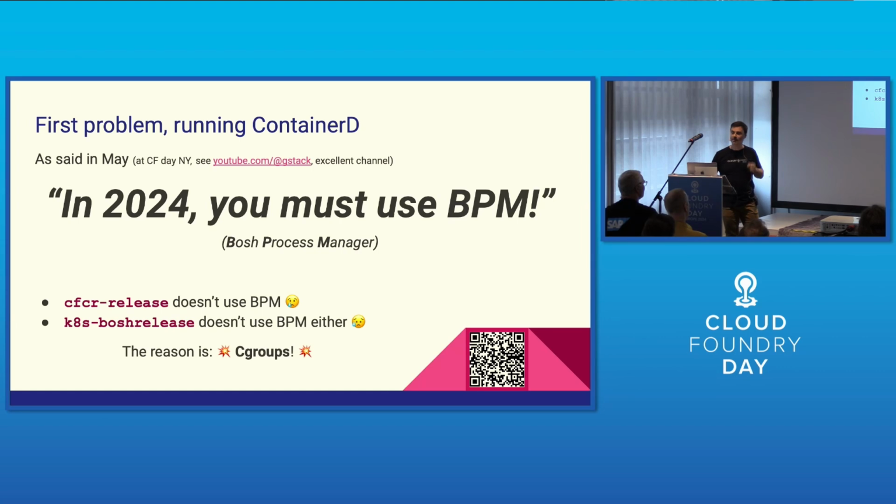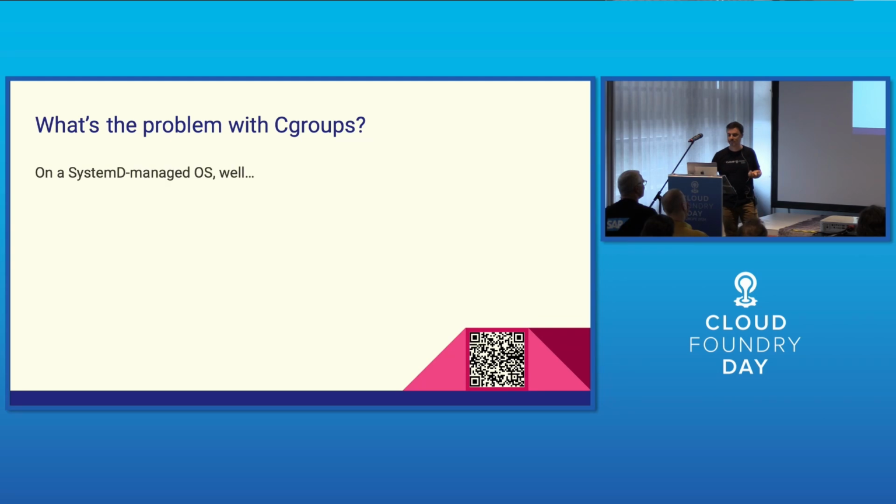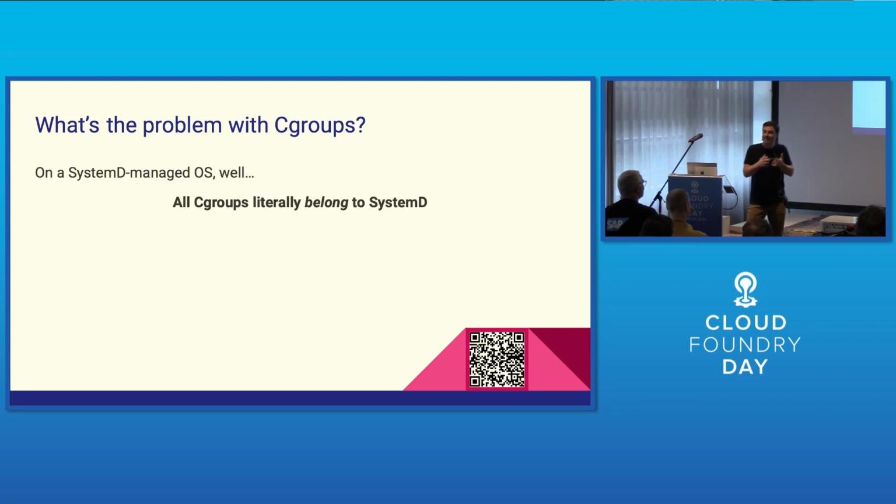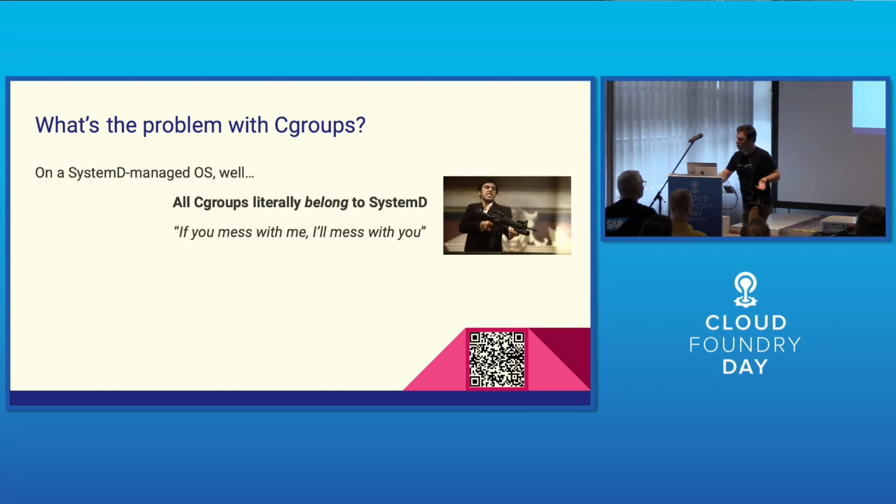So I'm quite sad, and the reason is cgroups. What's the problem with cgroups? On SystemD-managed systems, cgroups literally belong to SystemD. It owns them and it says, you don't mess with my cgroups. If you mess with me, I'm going to mess with you.